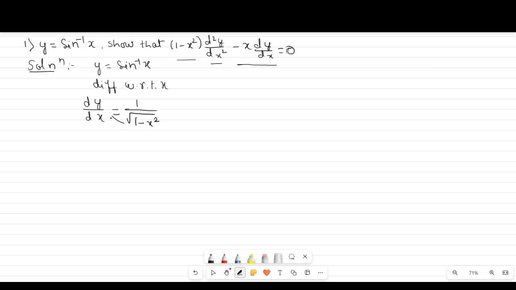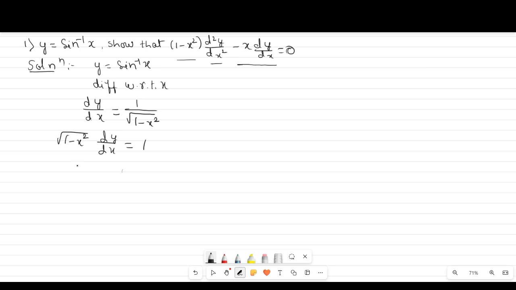So if you cross multiply that to the left hand side, what does it become? If you multiply root of 1 minus x square to the left hand side, it becomes root of 1 minus x square into dy by dx equals 1. 1 remains as it is on the right hand side.